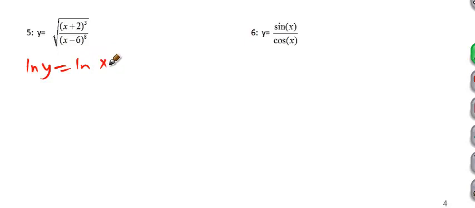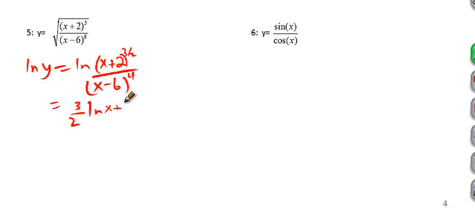And I'm going to write this as x plus 2 to the 3/2, treat that square root as a 1/2 exponent, over x minus 6 to the 4th. And then you can break these up. 3/2 ln of x plus 2 minus 4 ln of x minus 6.